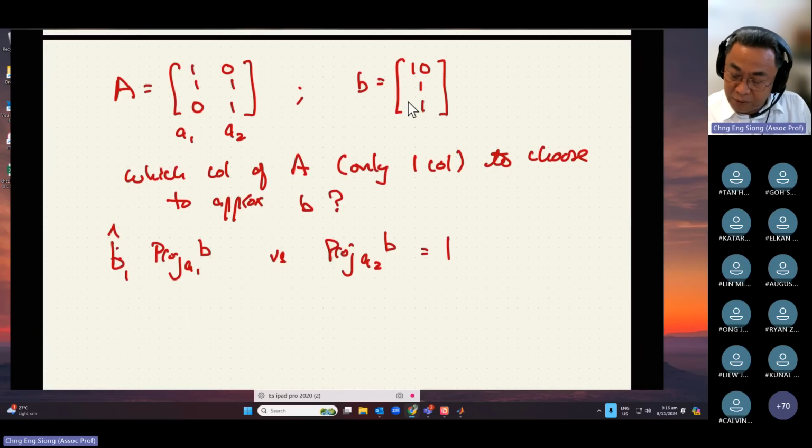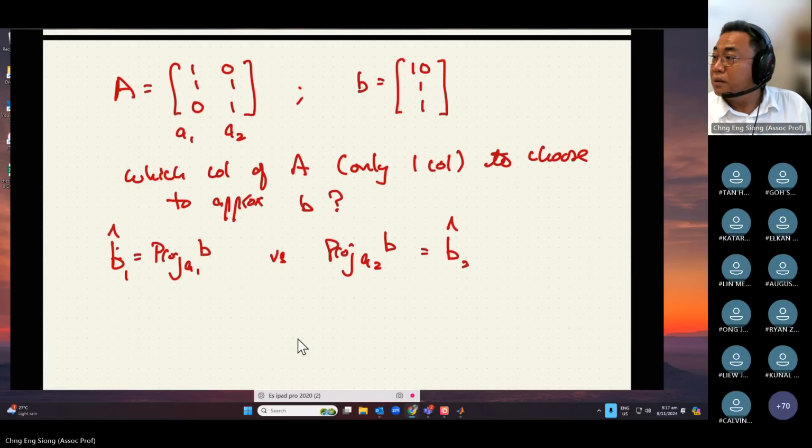This is B using column 2 hat. Which one will produce least error, guys? Is this clear? Mahav, do I need to explain this or is it clear now, if you see it this way? Not clear. Okay, let's try.